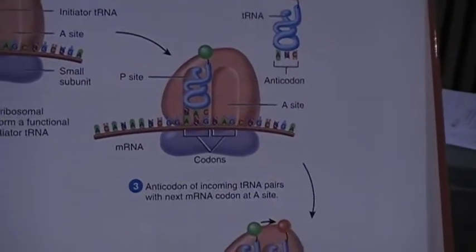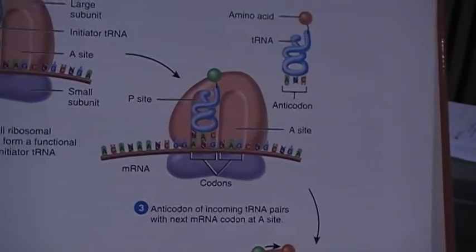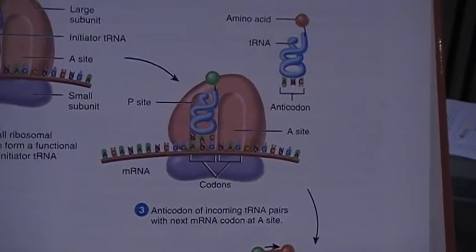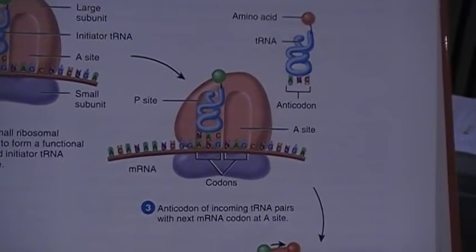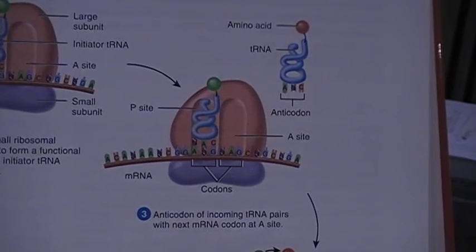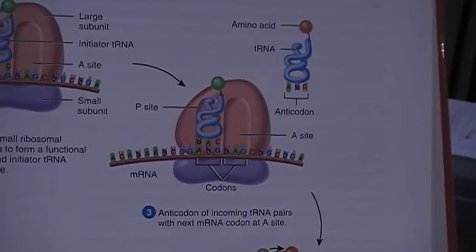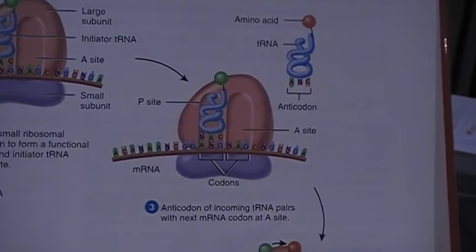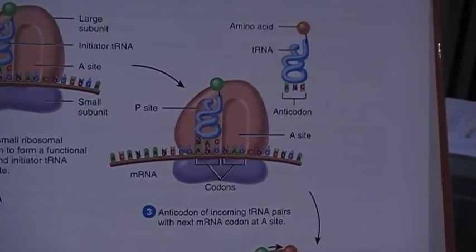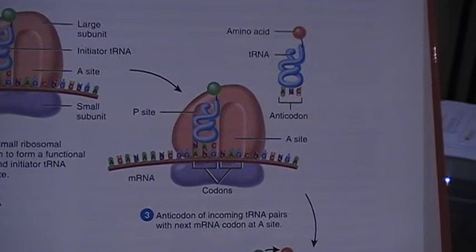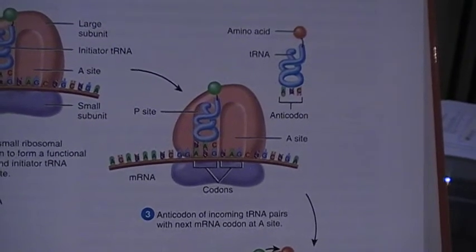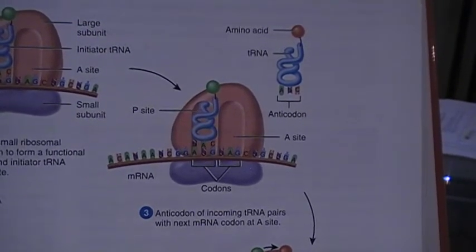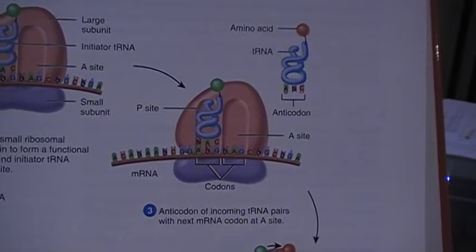Number 3. Anticodon of incoming tRNA pairs with the next messenger RNA codon at the A site.